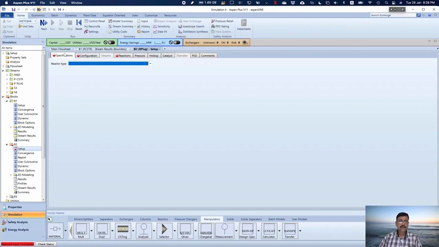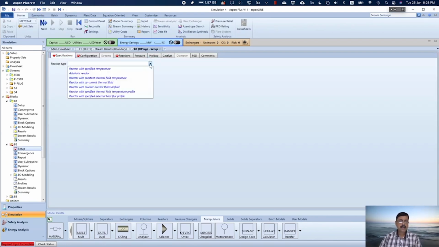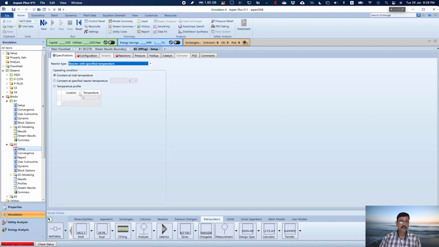Press next. So the specification for the plug flow reactor is being asked. Here the reactor type may be a reactor with specified temperature, or it may be an adiabatic reactor, or a reactor with other specifications that we can specify. But for this particular reactor, we will use a reactor with specified temperature, which is 70 degrees centigrade, as was taken for the CSTR.